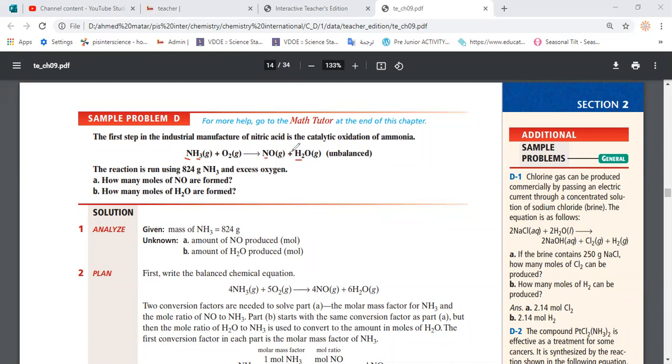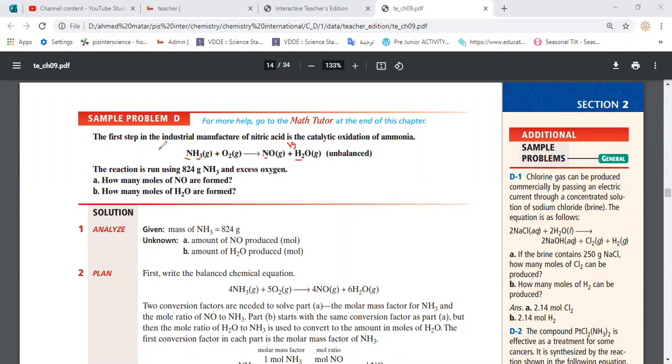So what coefficient should I put here to make the two sides equal? How could I make 2 become 3? What number multiplied by 2 equals 3? The fraction 1.5, yes? So can we use 1.5 atoms?